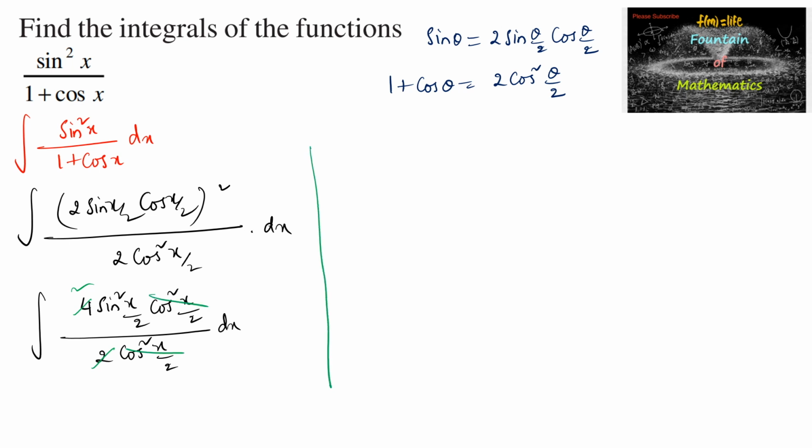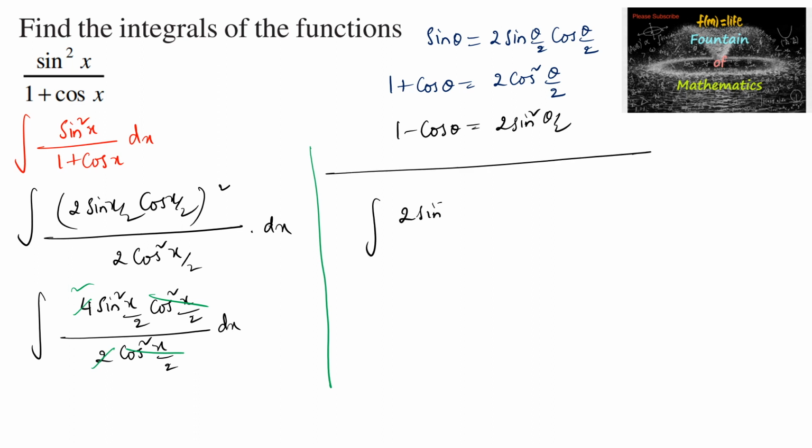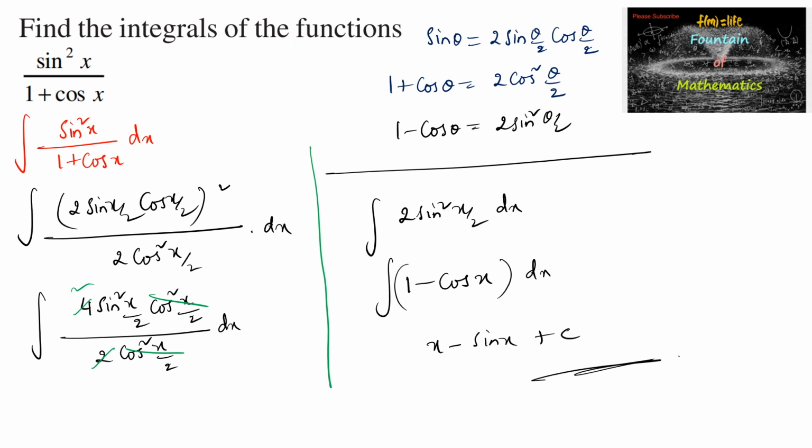Next, again we can also write 1 minus cos theta is equal to 2 sin square theta by 2. So integration of 2 sin square x by 2 dx we can write as integral of (1 minus cos x) dx. So integration of 1 dx is x, and integration of cos x is sin x plus constant c. So x minus sin x plus c is the answer.